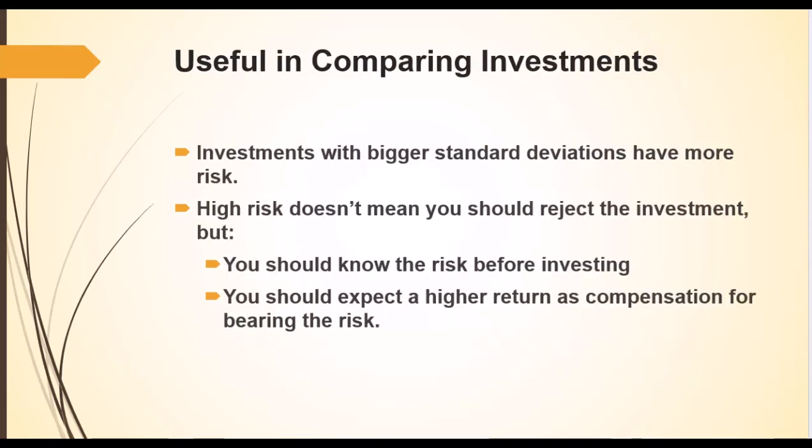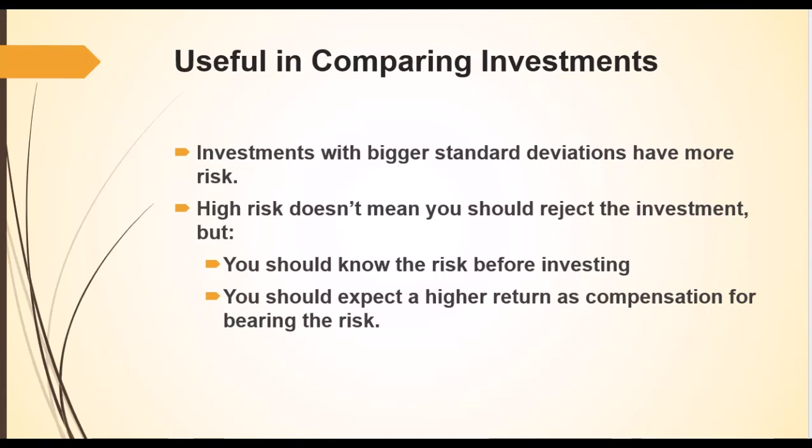So why is this useful for comparing investments? We know we're concerned about the time value of money. We've talked about different compounding frequencies. This also is just that additional piece that we have to understand the exact return we're going to get, or at least what we expect to get.